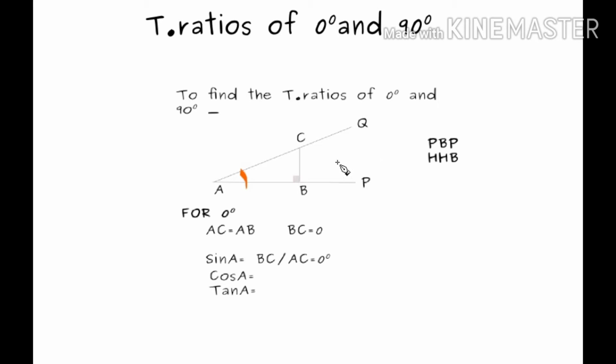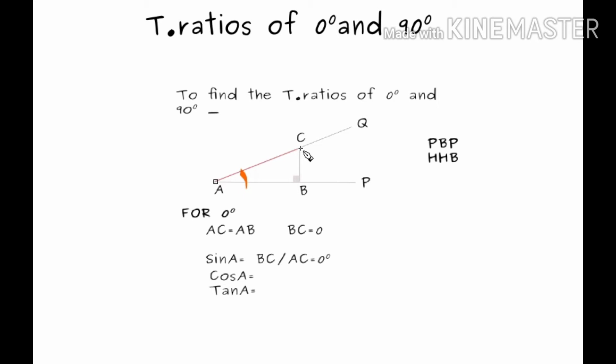So for making 0 degree, since this is some general angle theta, when you are about to make this angle theta 0 degree, what will you do? Let me tell you. First of all, this is the hypotenuse, and the hypotenuse is giving rise to the angle theta.